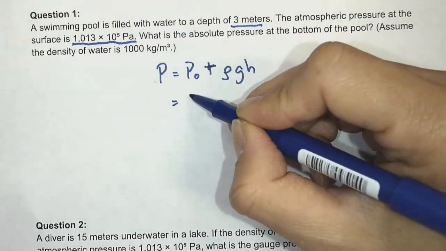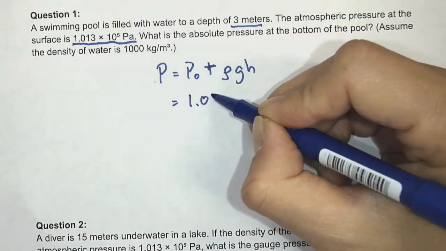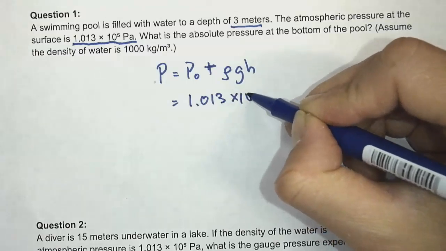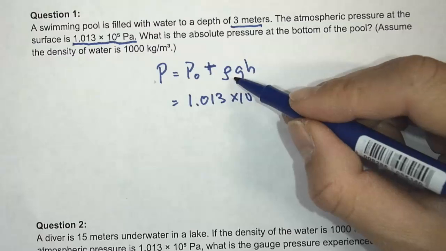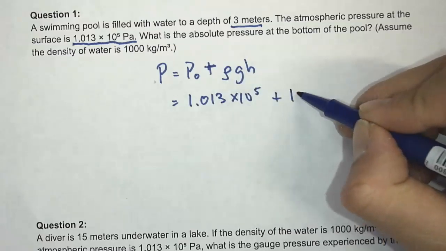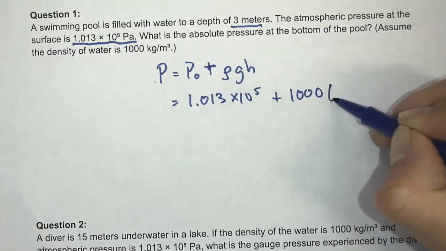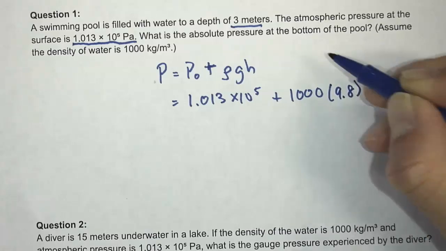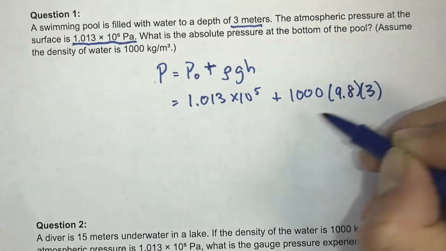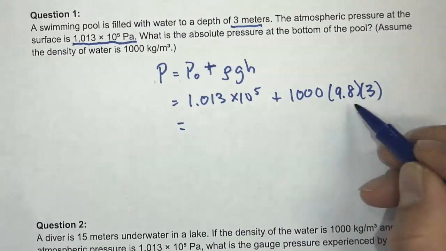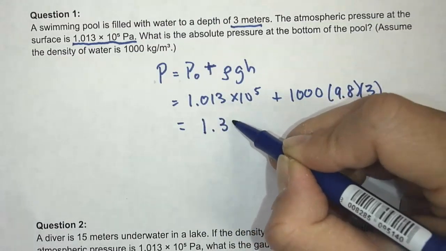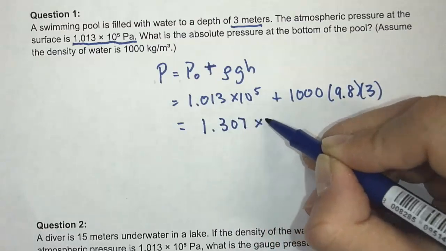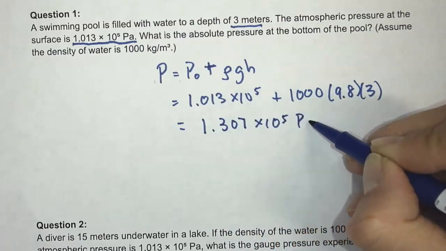The atmospheric pressure is 1.013 times 10 to the 5th plus the density of water, they told us, is 1,000. G is 9.8. The height is 3. If we multiply these first and then add them, we get 1.307 times 10 to the 5th pascals.